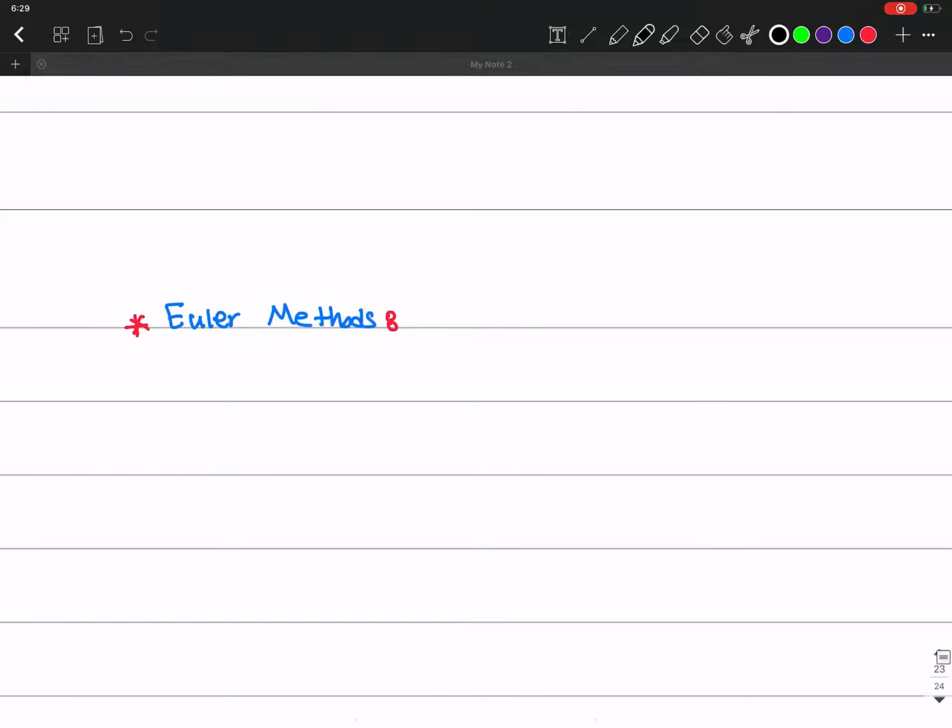The first one I want to talk about is the forward Euler approximation, or explicit Euler method.